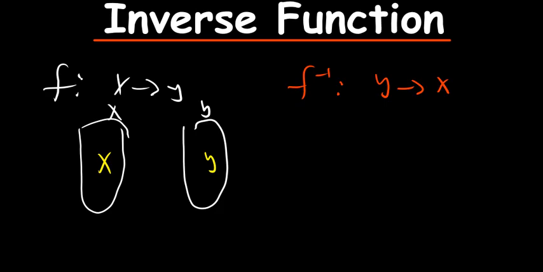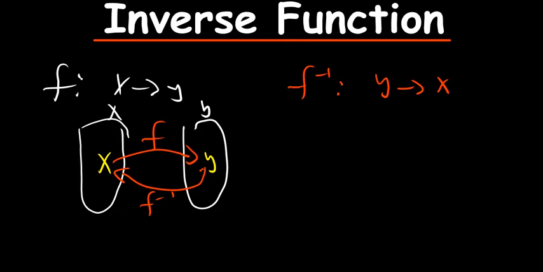So when x goes to y, that's the original function. Then the inverse should now be the opposite. So that is the inverse: you are now going from y to x. When you're coming from x going to y, that is the original function you have.